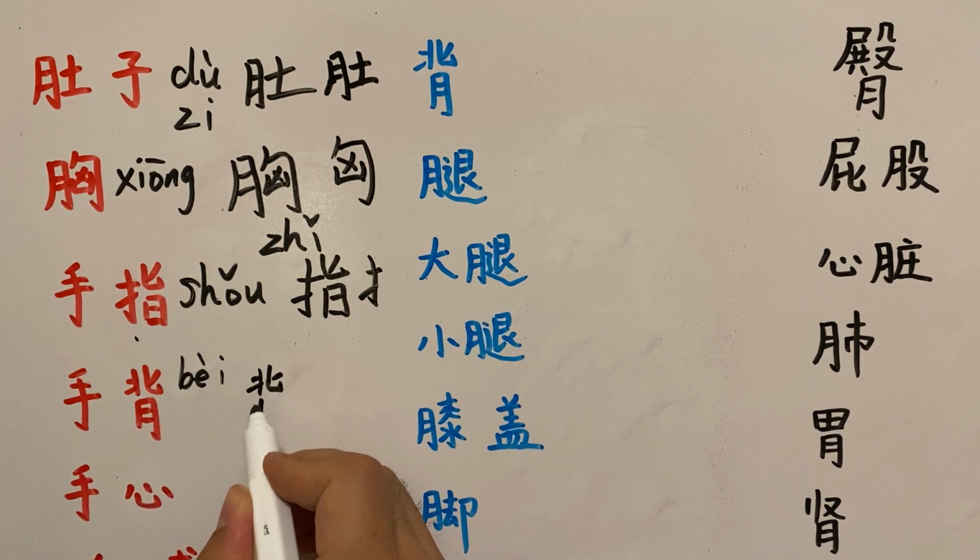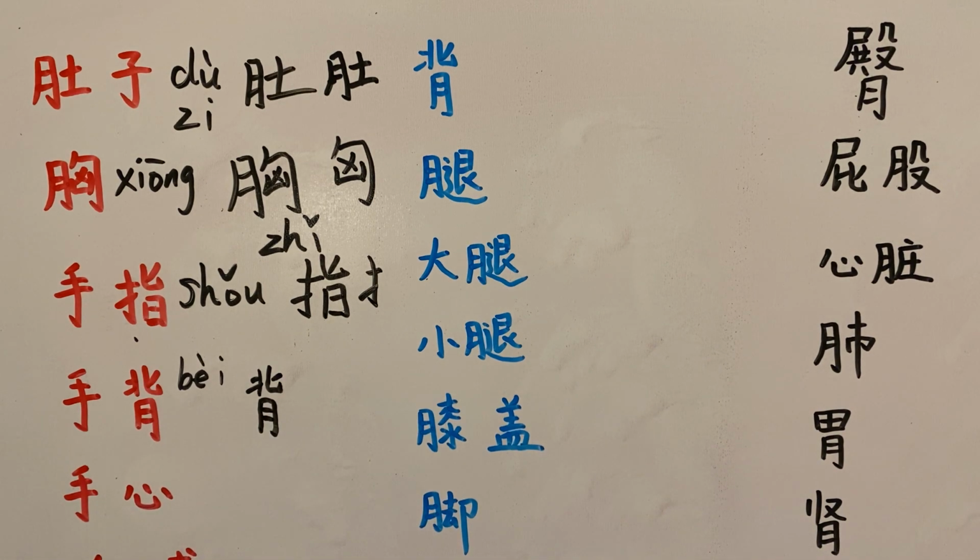The interesting part of Chinese characters is that they usually have two parts or three parts: the left part, the right part, or the upper part or lower part. One part indicates what it means, and another part indicates how it sounds, right? Just like this 背.